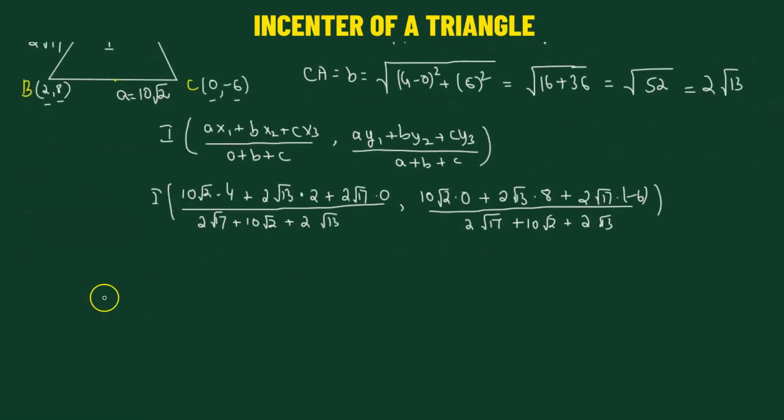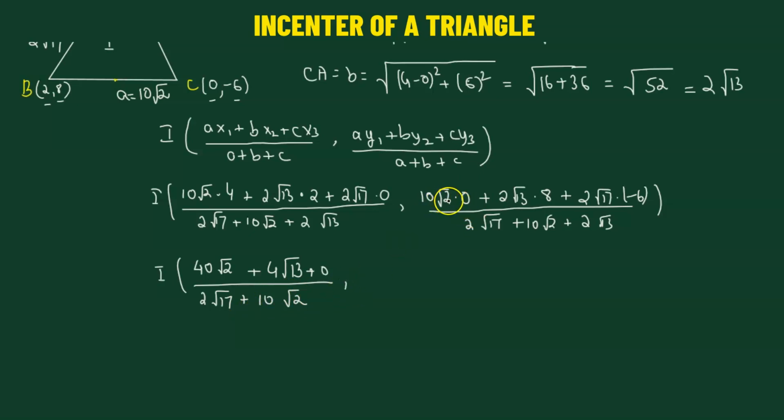So we now have I, this is the coordinate of the incenter. So we have 4 times 10, so that's 40. We have 40 times square root of 2 added to 2 times 2, so that's 4, so 4 times square root of 13. And this is simply 0. Divided by, we have 2 times square root of 17 plus 10 times square root of 2.